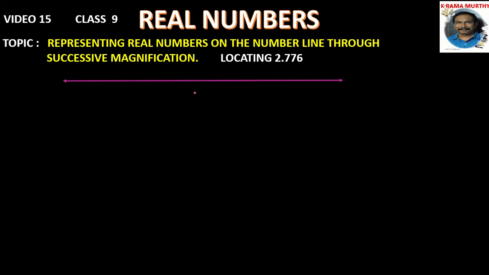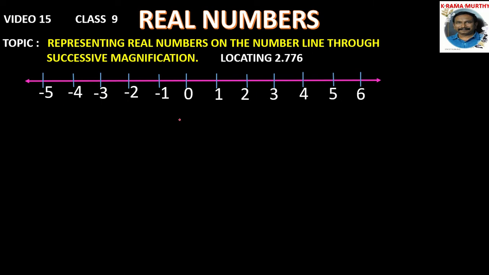Let us draw a number line, an integer line, in which we mark 0 at a point; to the left of 0 are negative integers and to the right of 0 are positive integers. We have to locate the position of 2.776, which is in between 2 and 3.